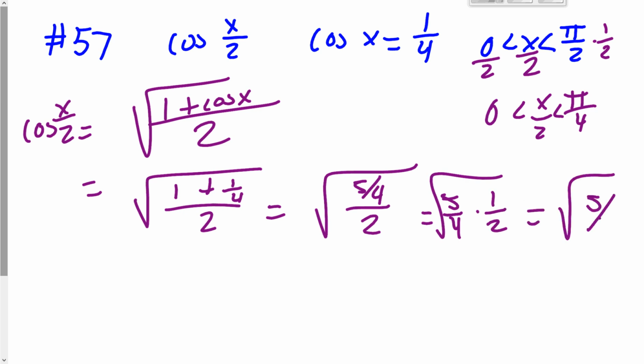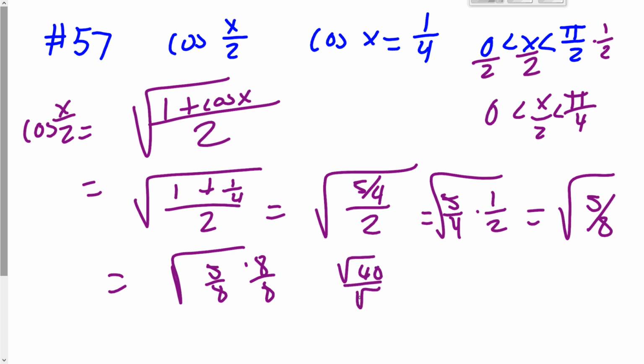So 5/8. Then we can rationalize. You take 5/8 and multiply by 8 over 8 on the inside. I'm multiplying on the inside here. So that's where I get square root 40 over square root 64, which is 8 on bottom, so I rationalize that, right?